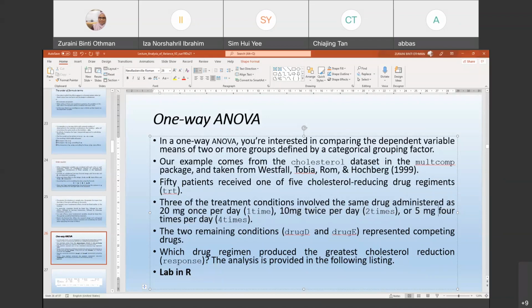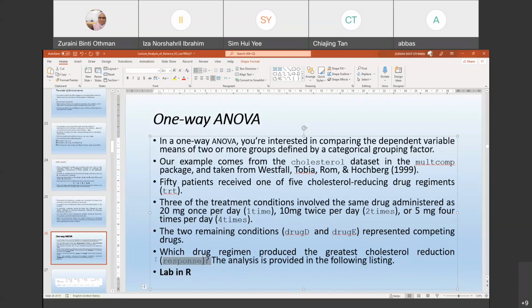We want to know, is there any impact if we take it in a small dose but frequently? The two remaining conditions, drug D and drug E, represent competing drugs. We want to know the impact of drug D and drug E. Which drug regimen produces the greatest cholesterol reduction?